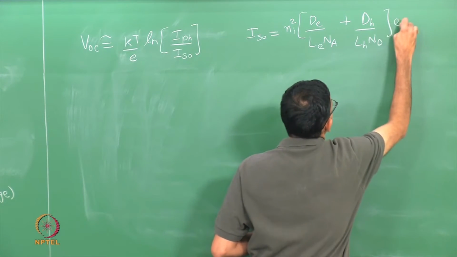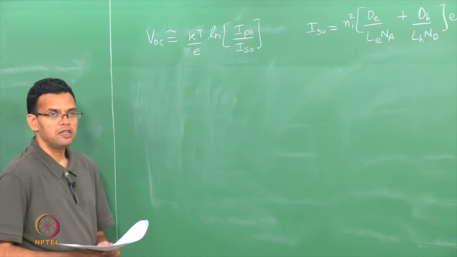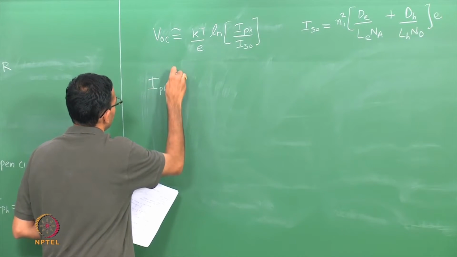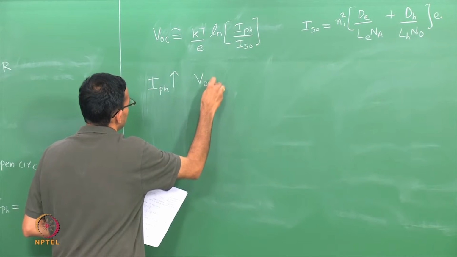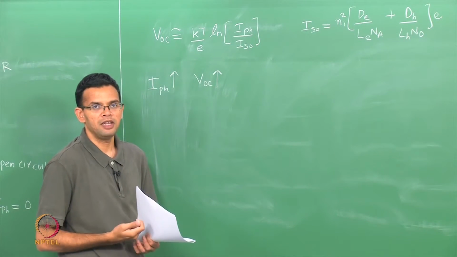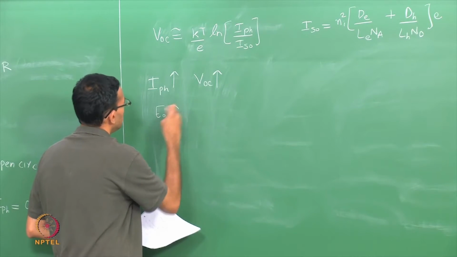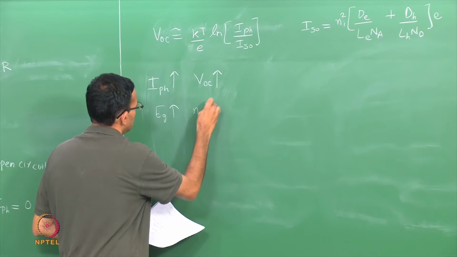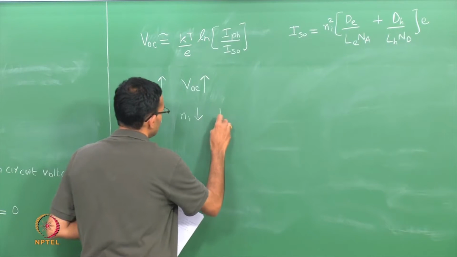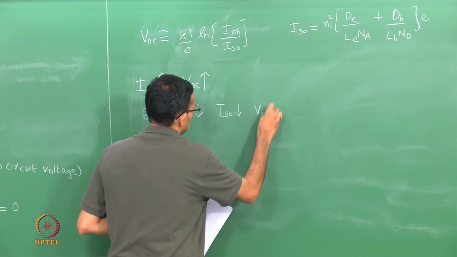There is a term e here. So if you increase the value of photocurrent, so if IPH is higher, VOC will increase. Similarly, if you go for a material with a higher band gap, so if Eg is higher, then Ni will be lowered, so ISO will be lowered, and that will also increase VOC.